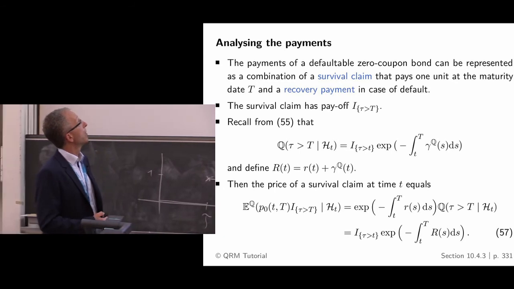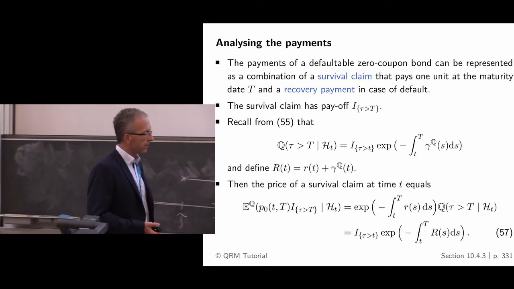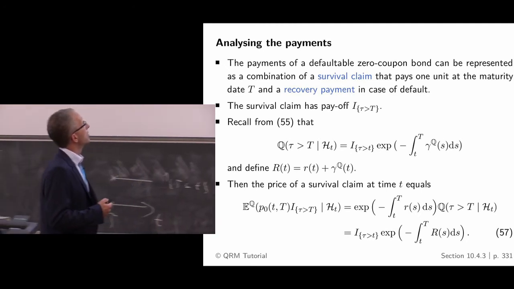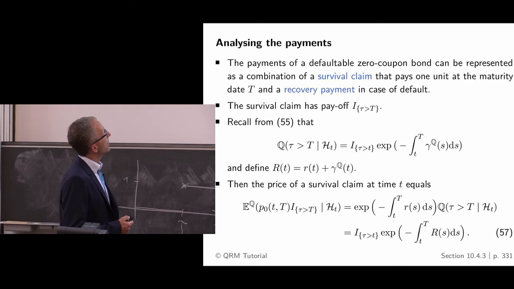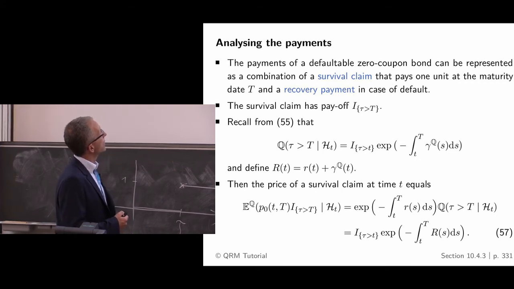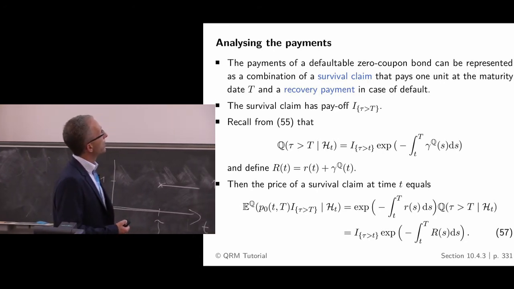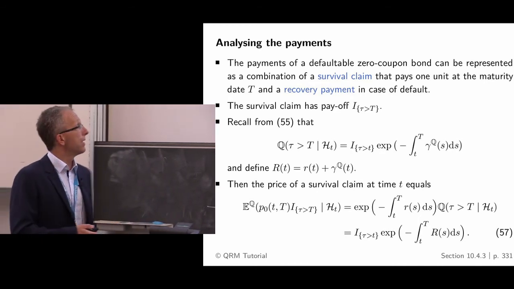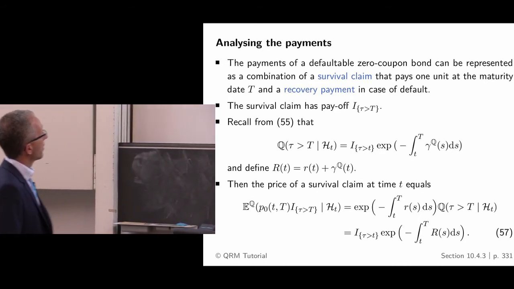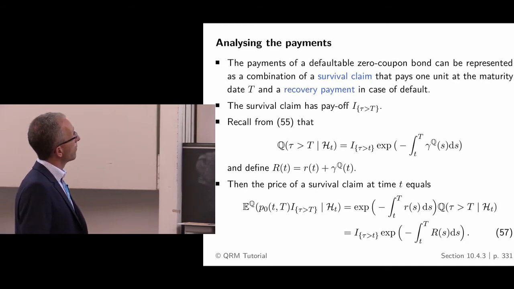And now it will be convenient to introduce an artificial interest rate. So r is the real interest rate, gamma is the hazard rate, and if we sum the two, we get some sort of artificial interest rate, capital R. If you use this piece of notation, the price of a survival claim at time t is the expected value under Q of the payoff discounted.